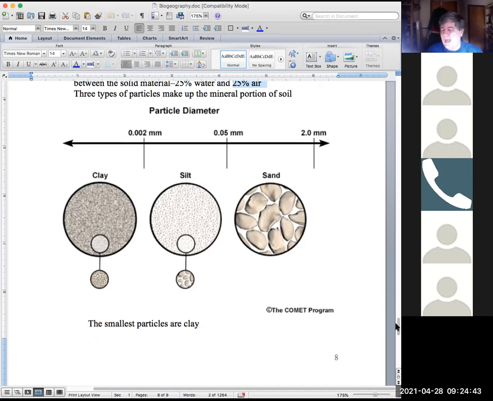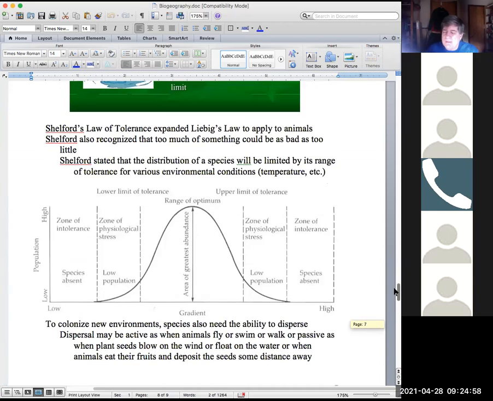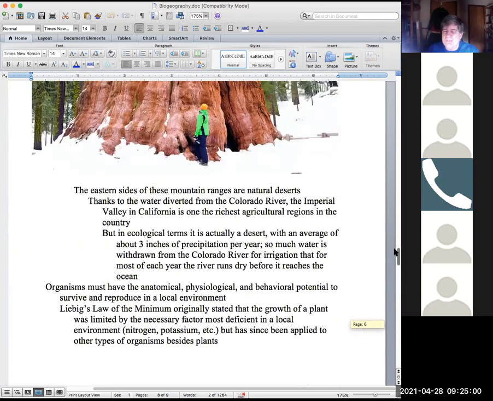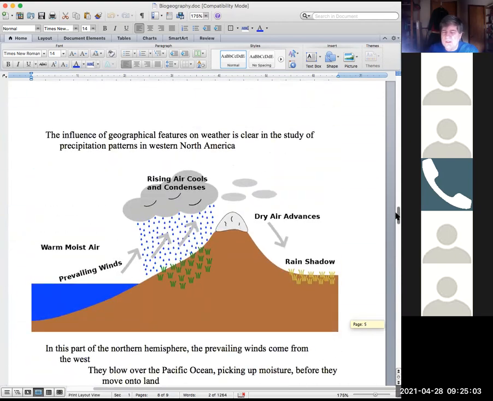So if we look at the climate in an area, if we look at the geography, mountains, rivers, if we look at the type of soil, these are the main things that are going to ultimately affect the type of biome that we see.